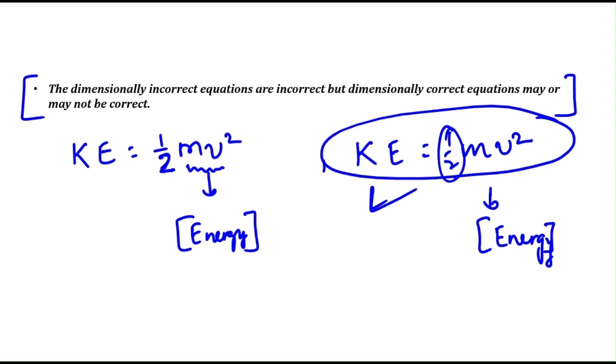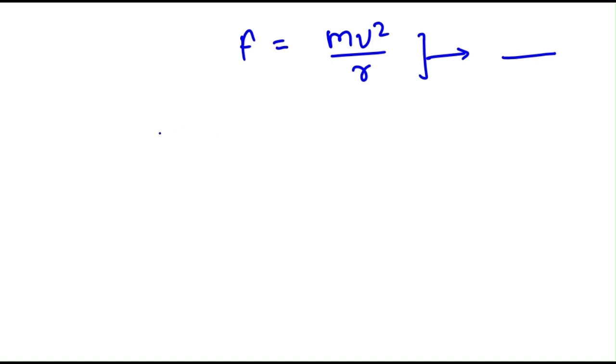Okay, let's move to another application. We can deduce simple equations if we know dimensional formulas and how to use them. For example, we know a force which is represented as mv square by r. If you know, you can write its name in the comment box.